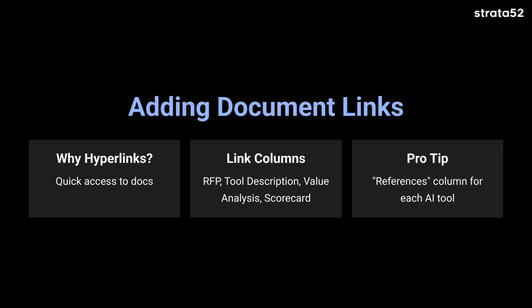They could also very quickly click on the AI tool description link if they want details of the AI tool that's being built, if they want to see the flow chart, the timeline, or the breakdown of the budget. That's all inside of this AI tool description. Additionally, they can click on the value analysis for that AI tool to get a description of the financial modeling, which dives into the cost savings, the break-even points, and the intangible benefits.